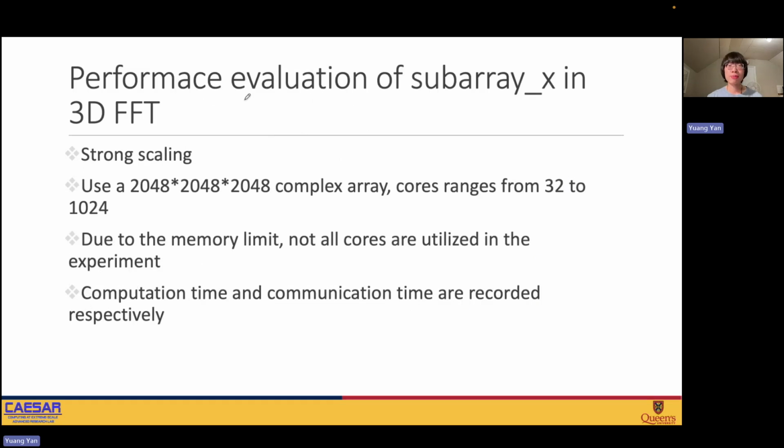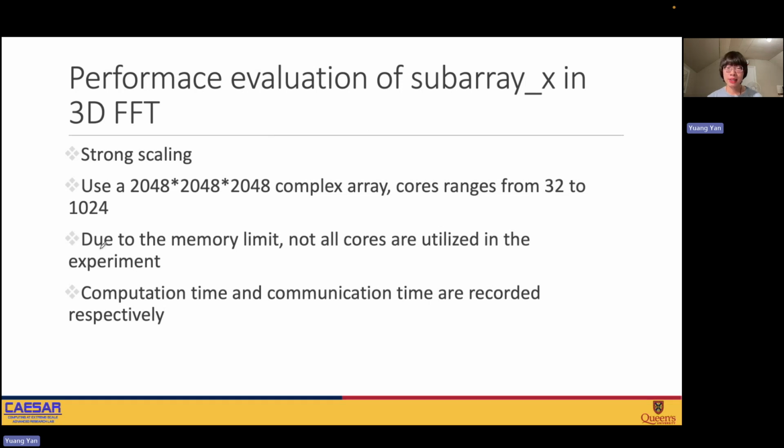And finally, we have the performance evaluation of subarray. In the whole 3D FFT computation, we have done the strong scaling and the weak scaling. For strong scaling, we use a 2048 3D complex array, and the cores range from 32 to 1024.